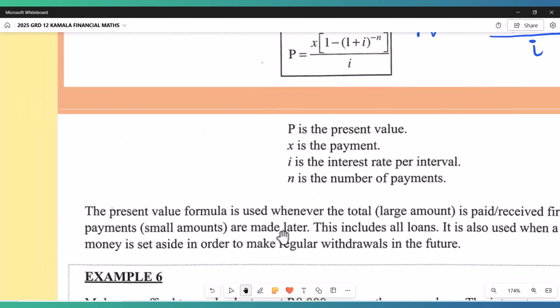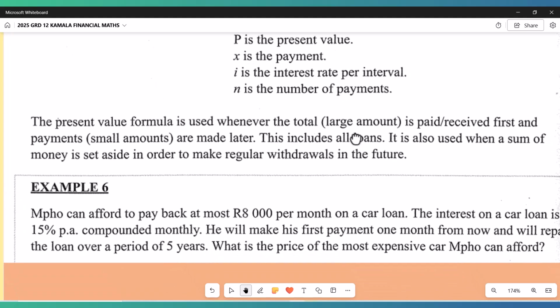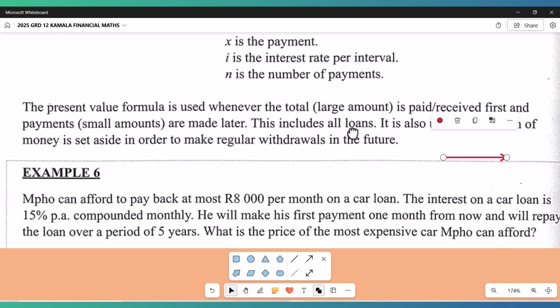I'm saying that the present value formula is used whenever, listen carefully here, the total or large amount is paid or received first. Do you hear that?